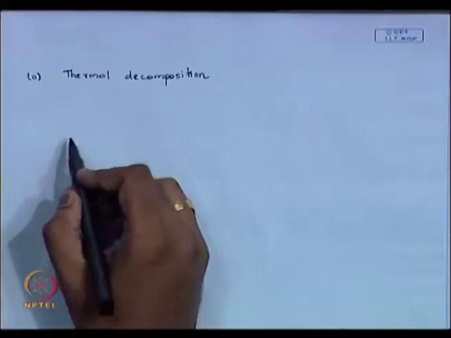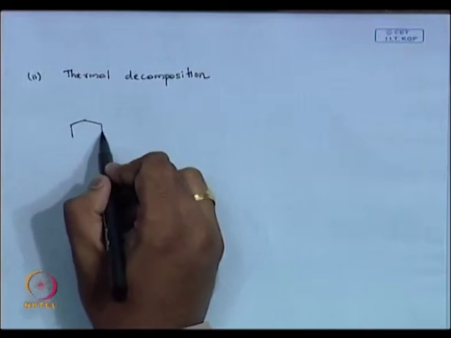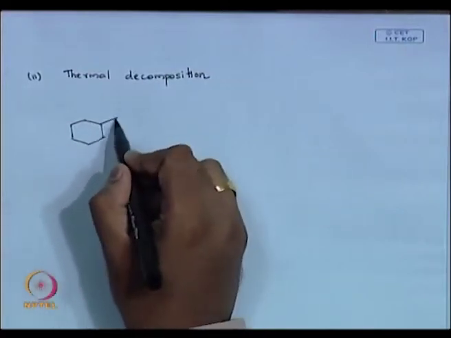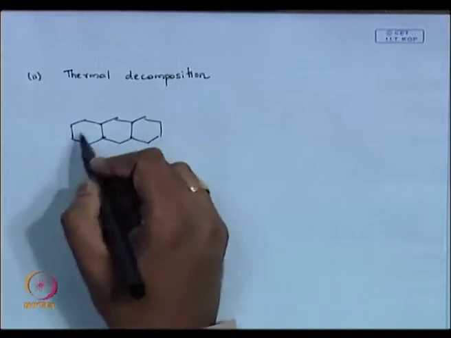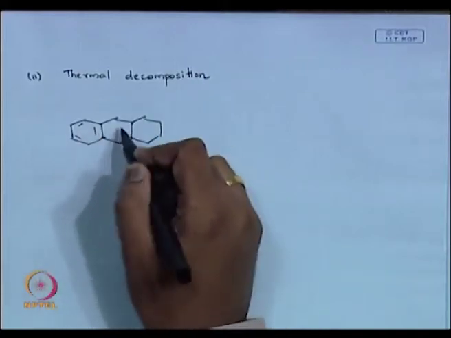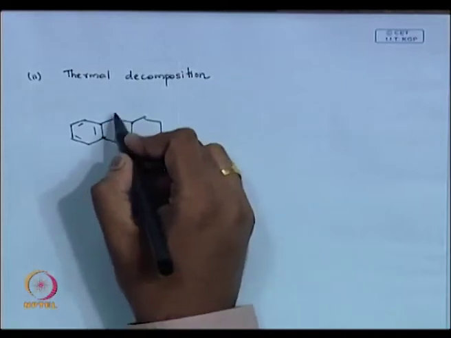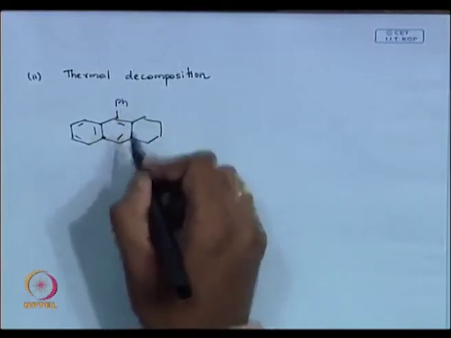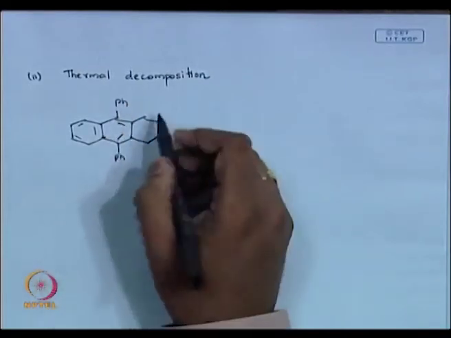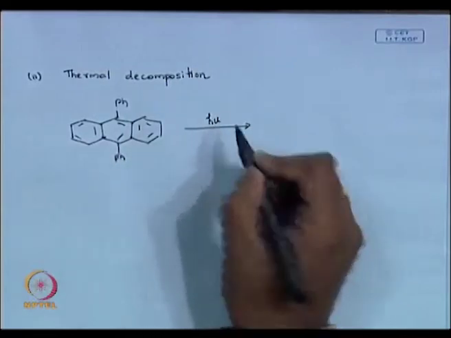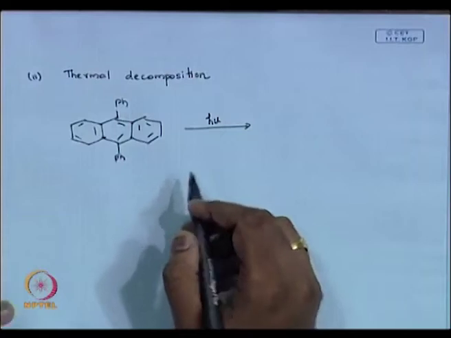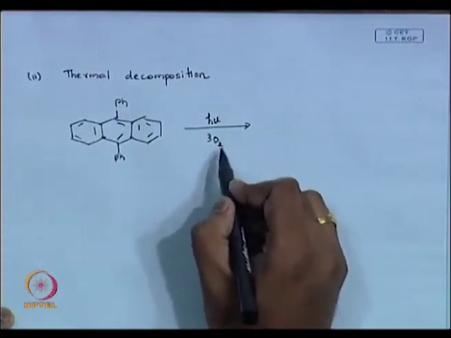A lot of research is going on in that area, but we will take a synthetic way of doing it. Take a proper anthracene type of system with the phenyl. When you photolyze this, just think you have oxygen in the system.